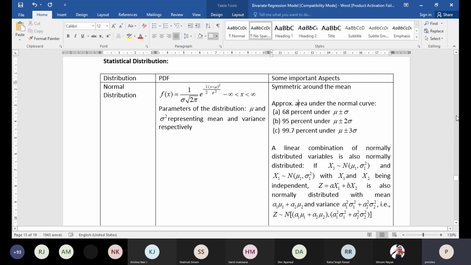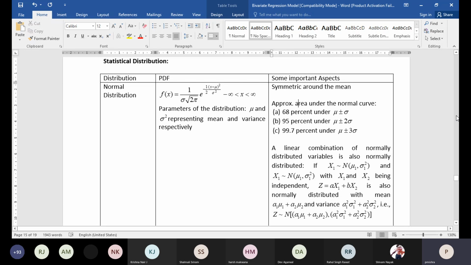How is this assumption important for testing of hypothesis, that we'll be discussing subsequently. But we started our discussion with normal distribution of ui, following that normal distribution of yi, and following that normal distribution of alpha hat and beta hat.